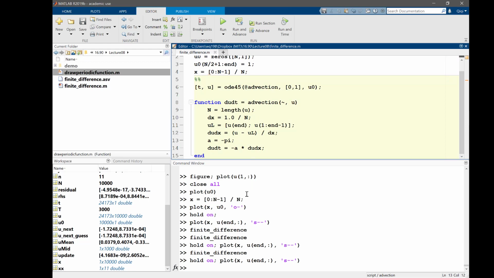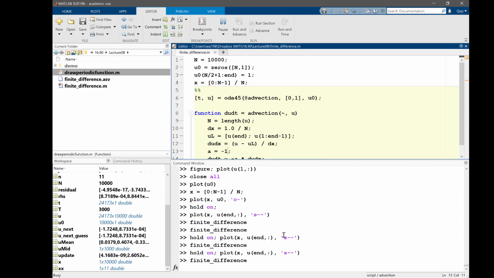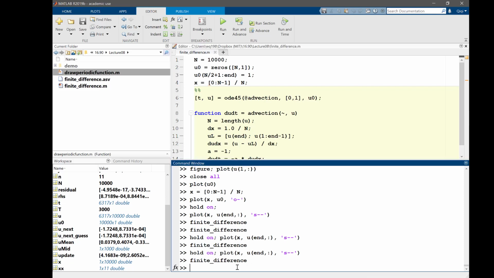All right. Well, let me take it to negative 1 because I want to see the solution at the same place, right? So then let's run it. Okay, it finished. Let's plot it.